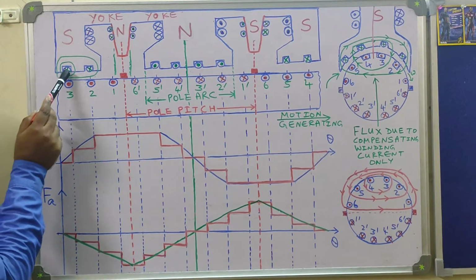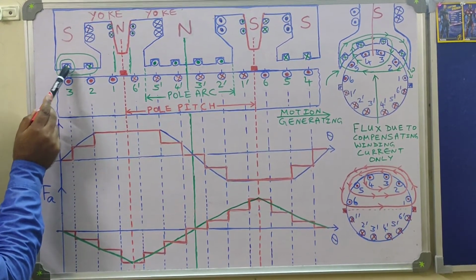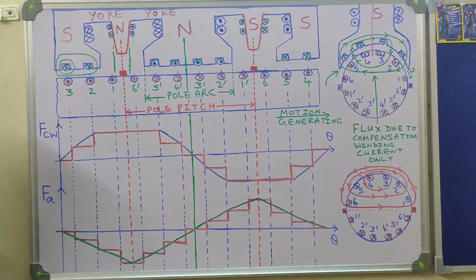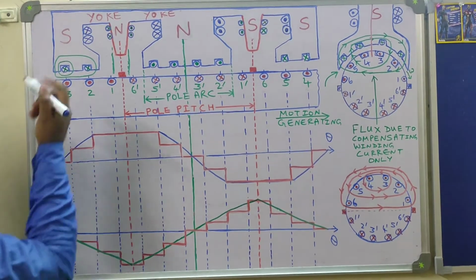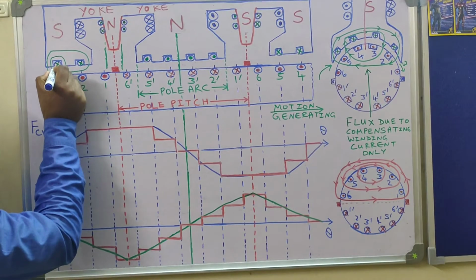So for these two particular compensating winding conductors, what are the armature conductors under direct influence? Let me name them so we can communicate better.